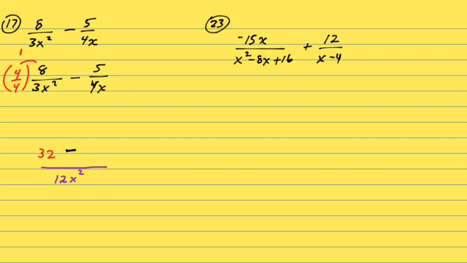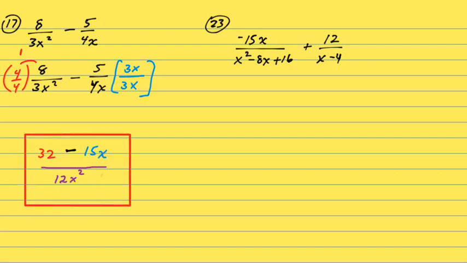Now on the right, on bottom you'd have 12x squared, on top you just have 32. Now I want to make 4x into 12x squared, so what do I multiply that by? I think 3x. And again, 3x over 3x, I think that makes 15x. And since nothing factors, that would be your result.